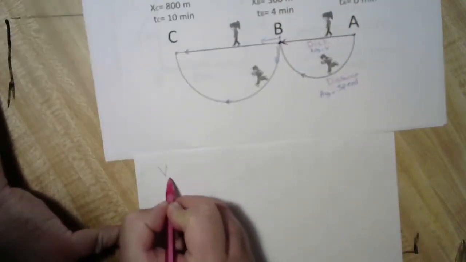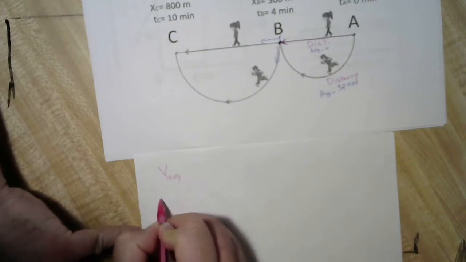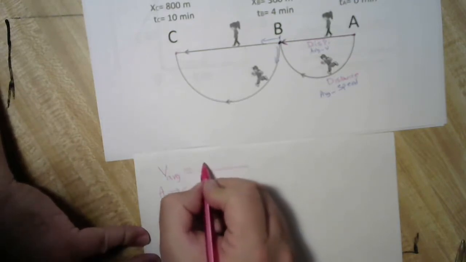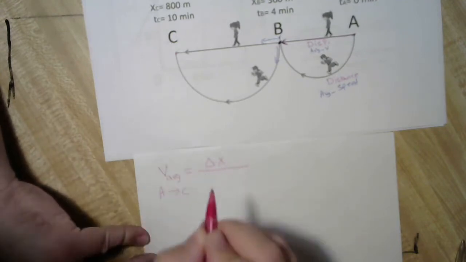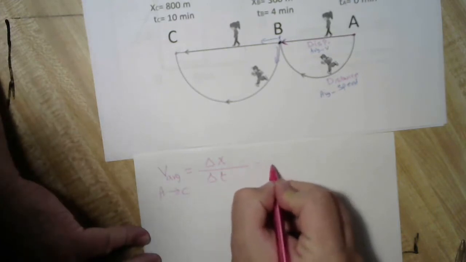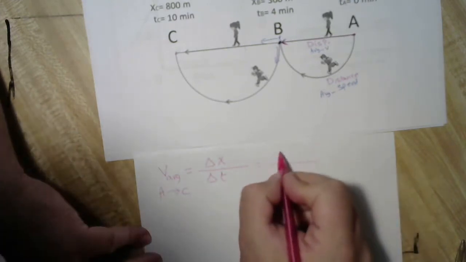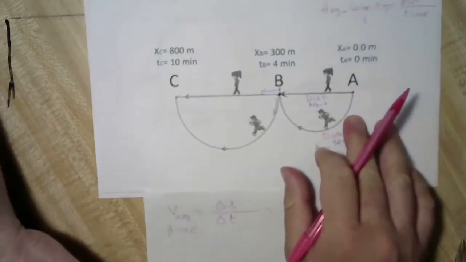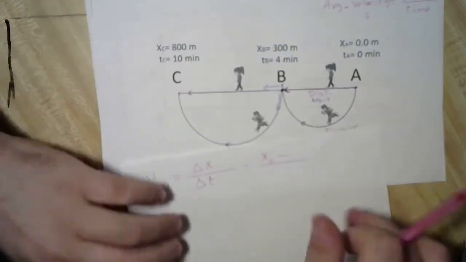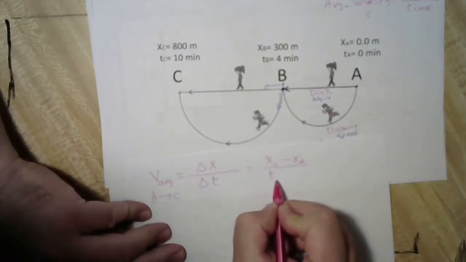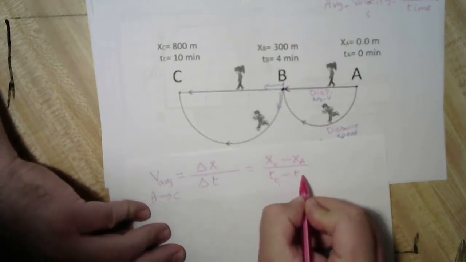V average from A to C is equal to delta x from A to C over delta t from A to C, which is equal to x final, which is x at C, minus x initial, which is x at A, divided by t final, which is t c, minus t a.